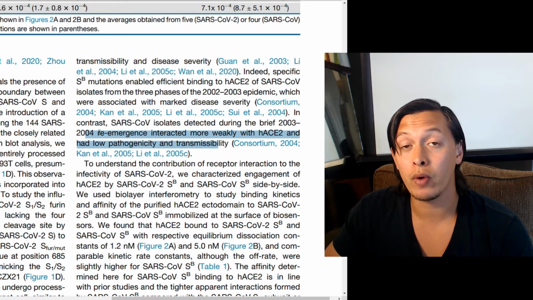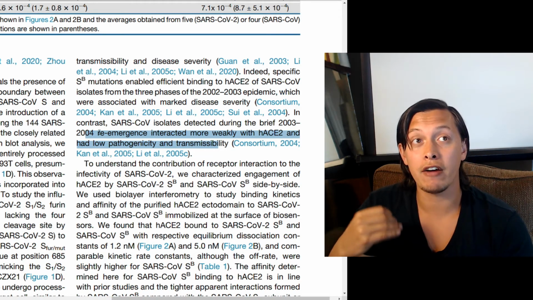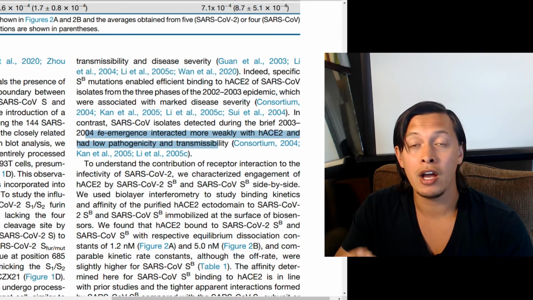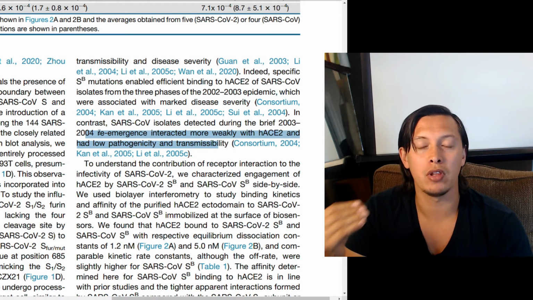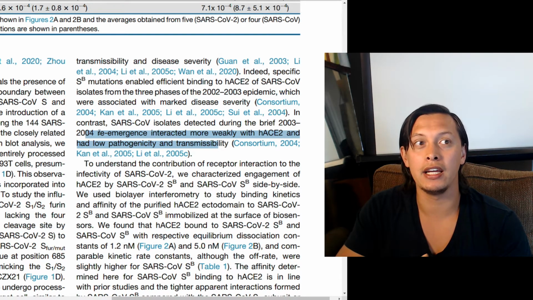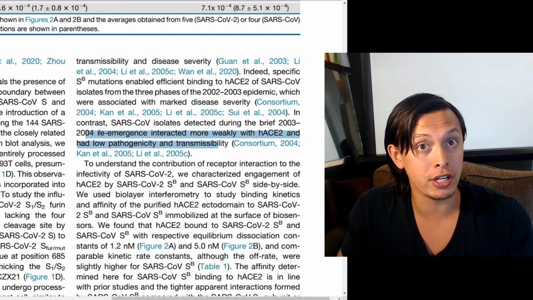Now, granted, this is just for the acute or the immediate effects of the virus. Perhaps there are some long-term consequences of being infected by an asymptomatic version of the coronavirus.